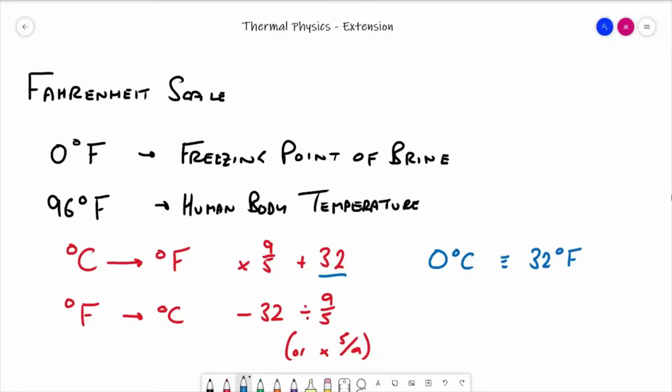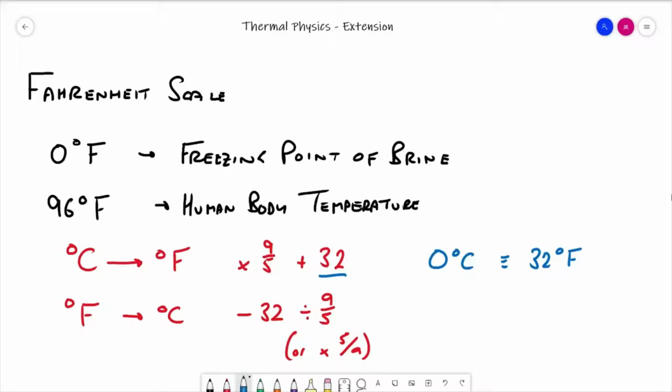And actually that number 32 was again deliberately chosen by Fahrenheit because if you have a look at the difference between the melting point of water at 32 and human body temperature at 96, then you'll notice that the difference there is 64 degrees Fahrenheit, and of course 64 is a power of 2, so again it makes the intervals nice and easy to work out. Now, of course, the Fahrenheit scale, as we said, has really gone out of fashion in most of the world now.